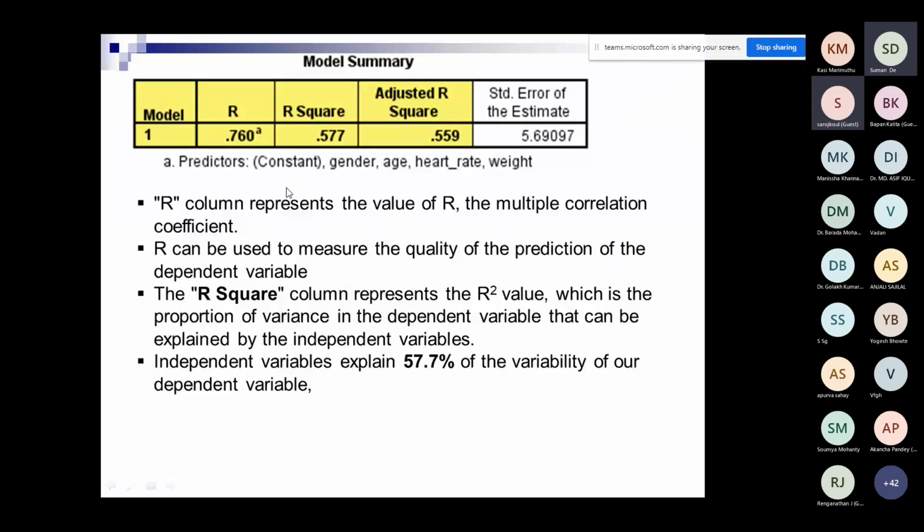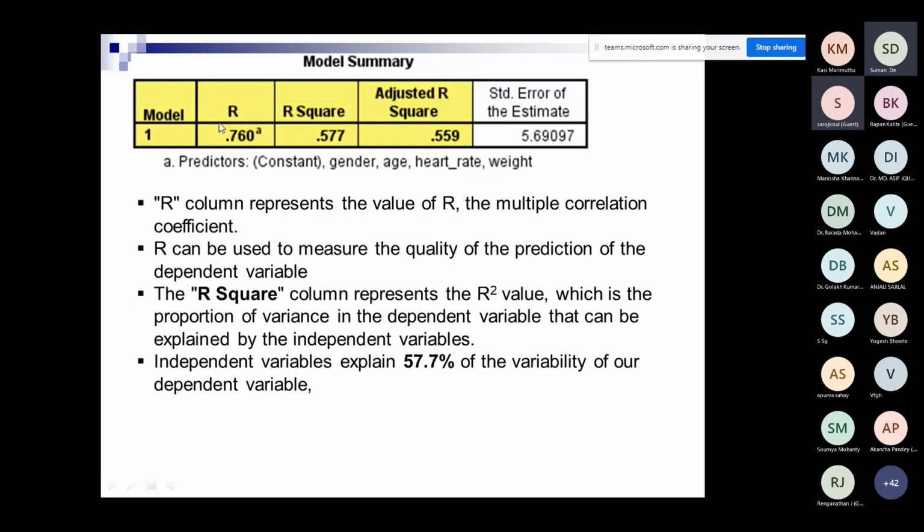You will get the multiple correlation. This is the R square value. This is the adjusted R square. Yesterday, somebody asked me when to use adjusted R square. When you have multiple independent variables, you can use R square and also adjusted R square, which nullifies the effect of too many predictors. Adjusted R square is advisable. So the R column represents the R value, meaning multiple correlation.